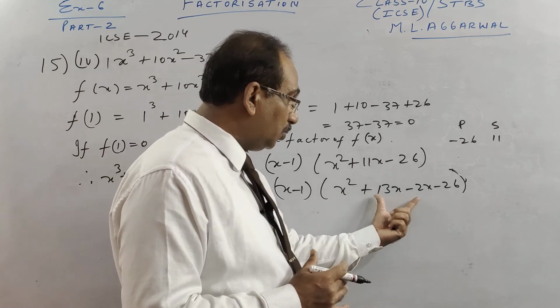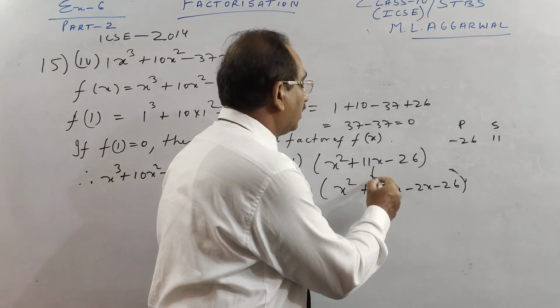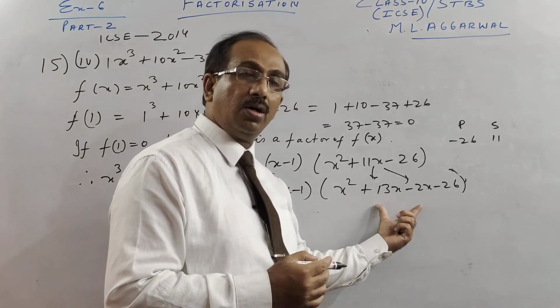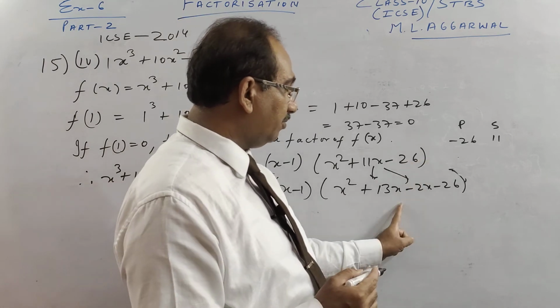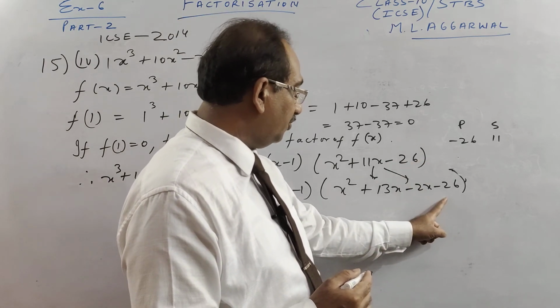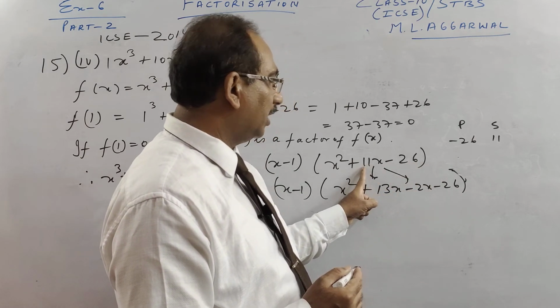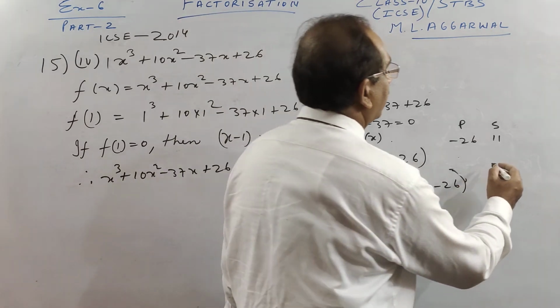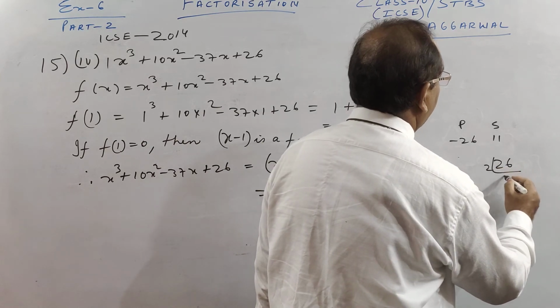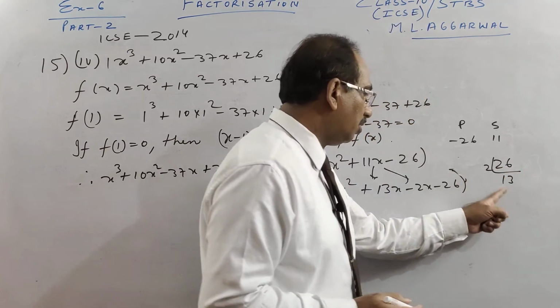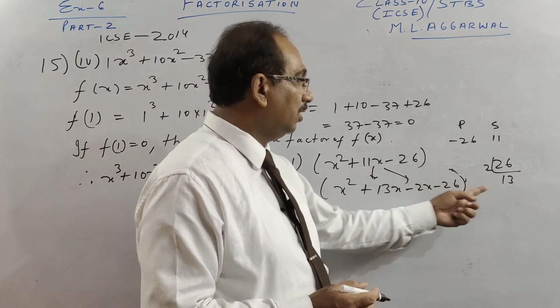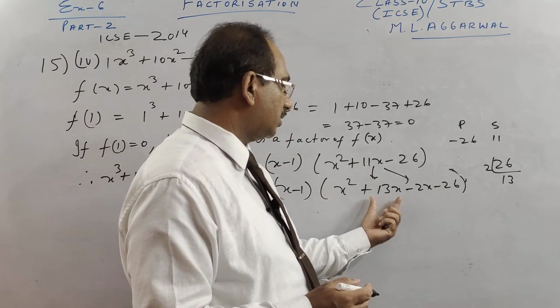Because when you do proper middle term breaking, only then will your grouping be done. So see here, once more I am telling you, the product of two numbers is minus 26, the sum of two numbers is 11. So we factorize 26, and we see how we rearrange so that we will get 11. So 13 and 2, how will we rearrange?